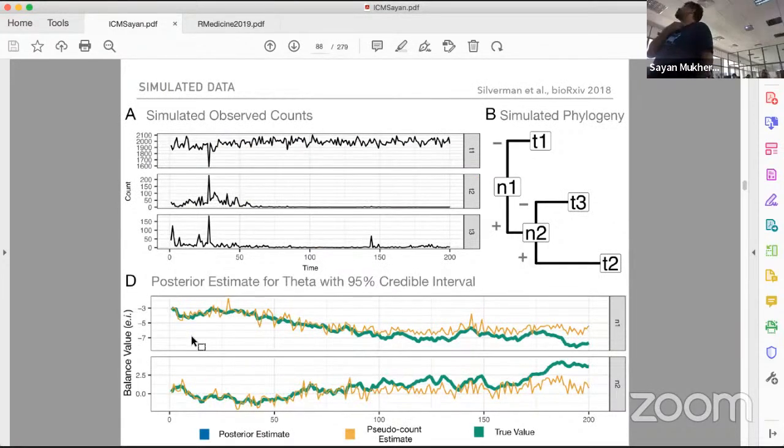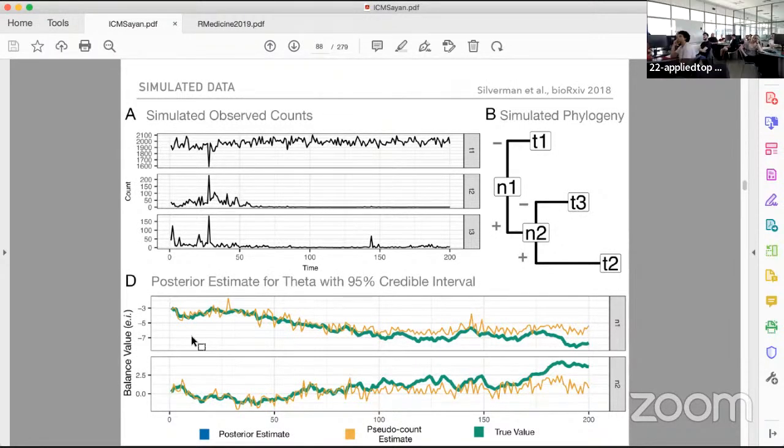I'm just showing you the real data. The yellow is the data, and the blue is the true value. What you see is that if you just look at the data, they don't overlap very well with the true value. But if you model it, you get something that overlaps much better with the real data.